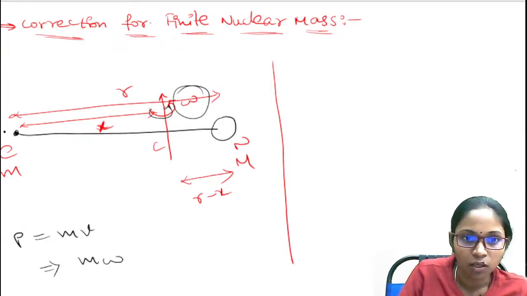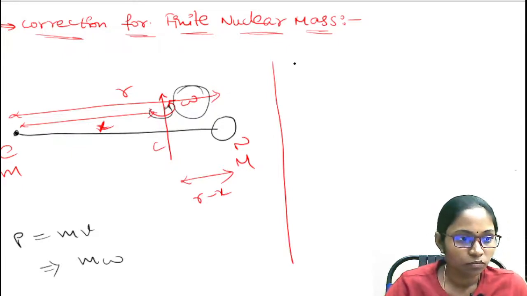The velocity of the electron about the center of mass is omega. What is omega? Anybody? I will give some time.